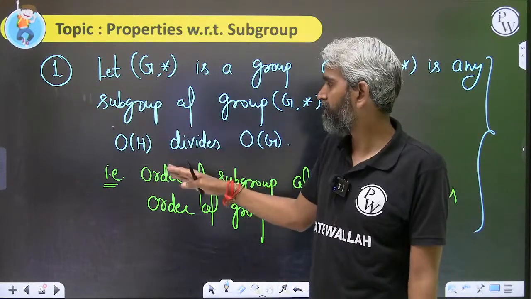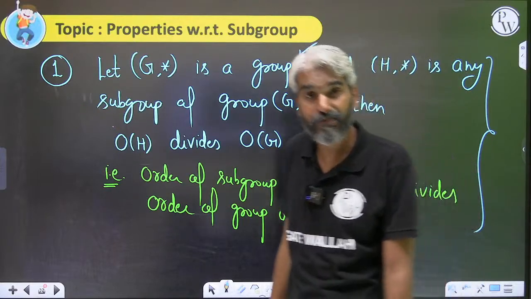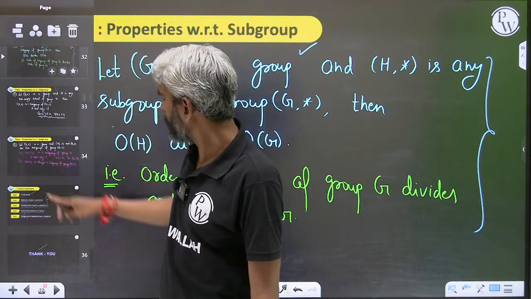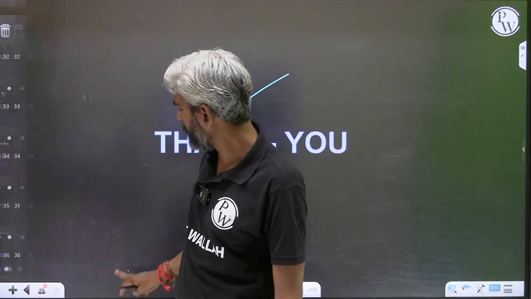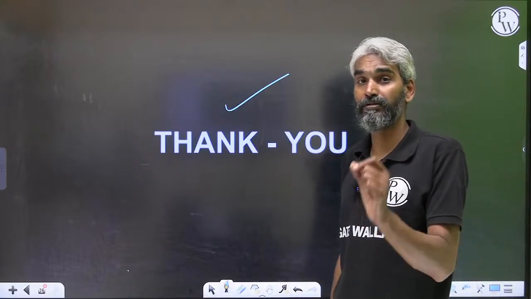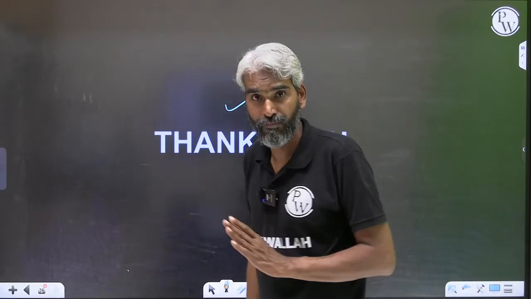So very frequently they ask a question from this particular concept. This is known as Lagrange's theorem. You don't need to go into the proof of that particular statement. You only need to understand that if a question comes, you must know that the order of a subgroup is guaranteed to divide the order of the group.